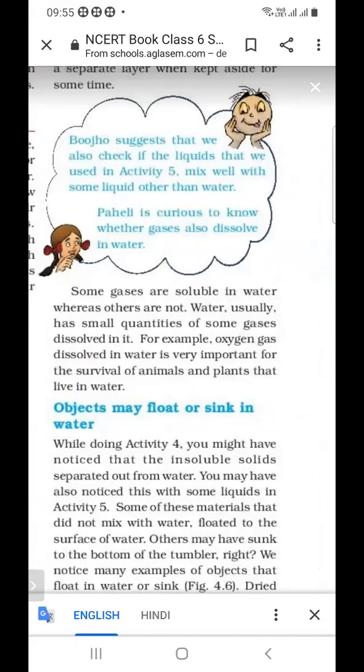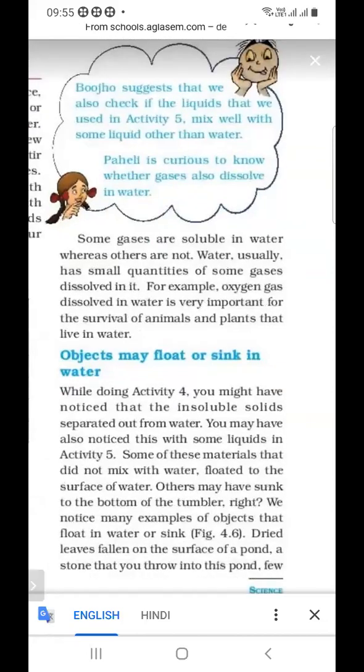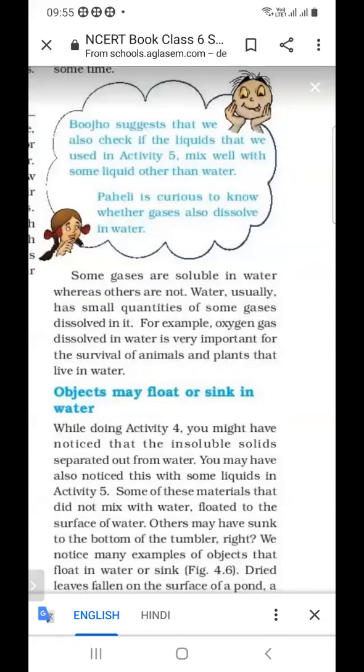And next, solids also dissolve into the water, liquids also dissolve into the water, and gases also dissolve into the water. So some gases are soluble in the water. And what are the examples of gas which are soluble in the water? Suppose oxygen gas dissolves into the water. This is very important for the survival of animals.